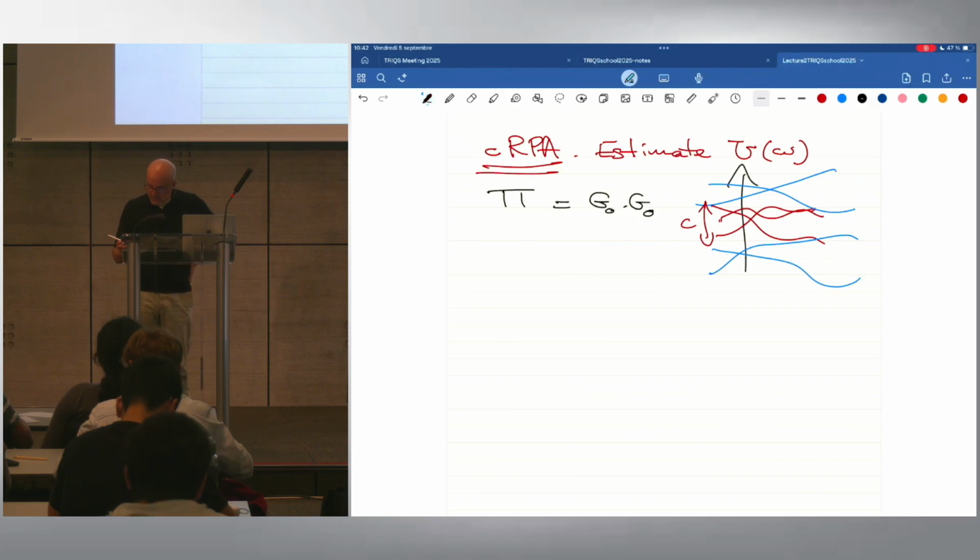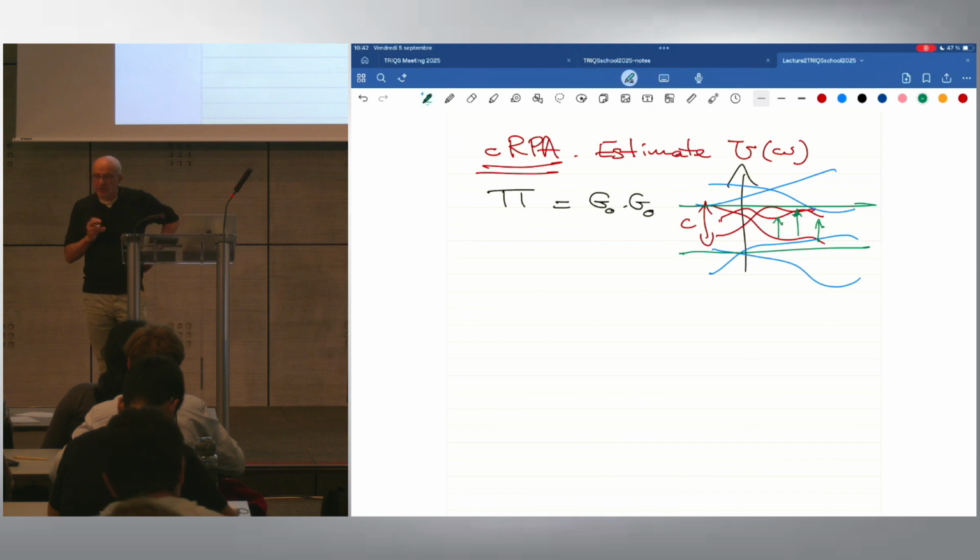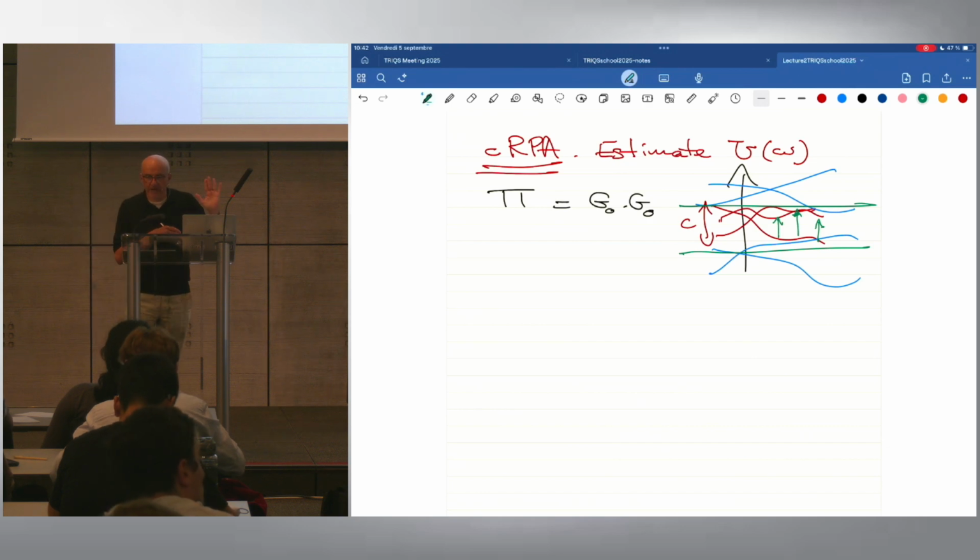And obviously, the particle-hole transitions that would correspond to internal screening processes within the target subspace should not be included in the definition of U for that same target set of states, because this is going to be taken care of by the non-perturbative solution of the impurity problem.